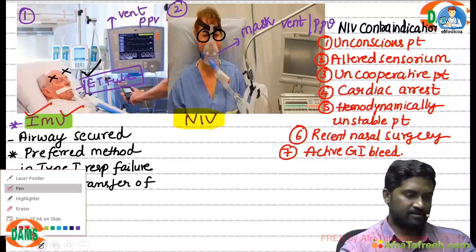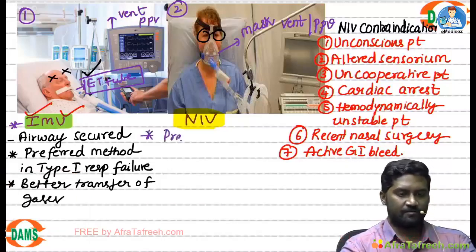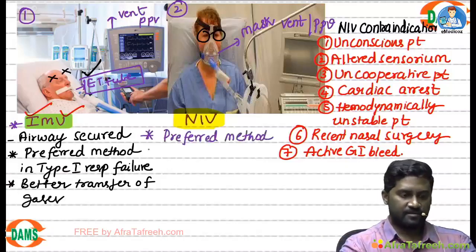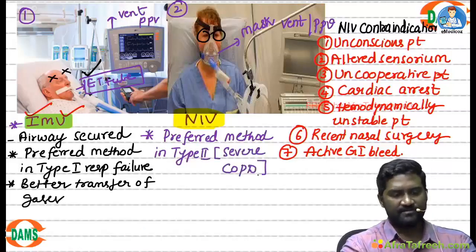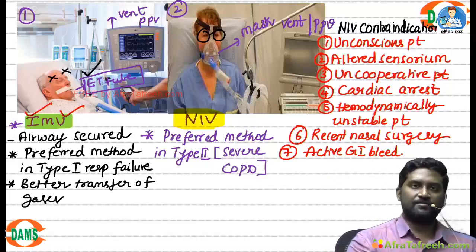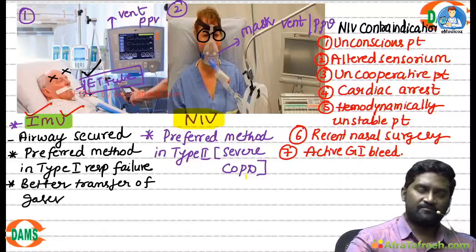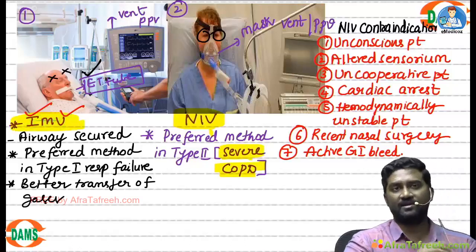With respect to respiratory failure, NIV is a preferred method, especially in type 2 respiratory failure. By the time a patient with type 2 respiratory failure reaches me, he will generally have severe COPD, chronic obstructive pulmonary disease. Now tell me students, why in severe COPD we don't consider IMV as first line of mechanical ventilation?